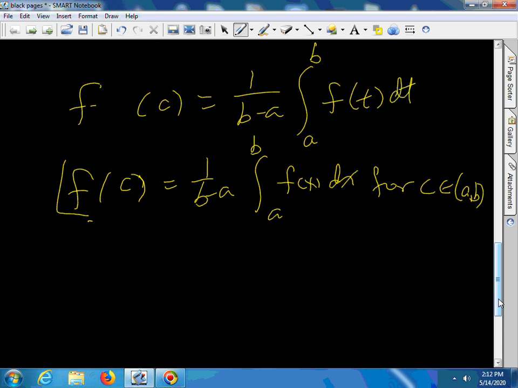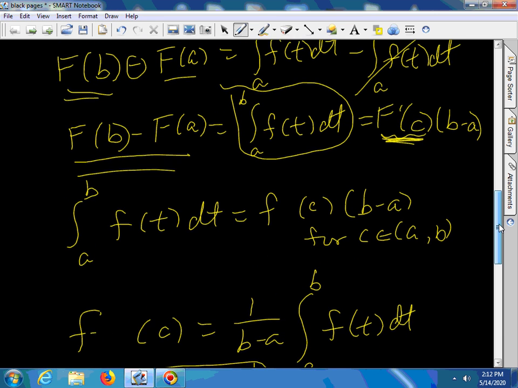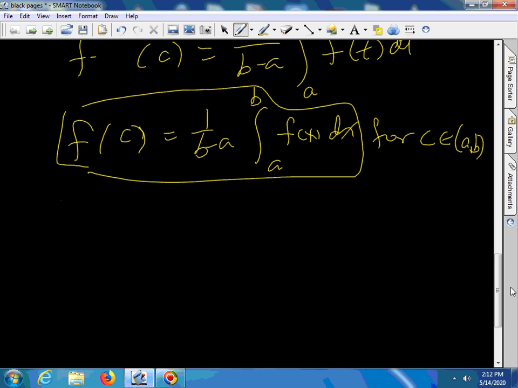Now, what exactly is this saying? Actually, the other version says it better, that is, f of c times b minus a is equal to this integral.